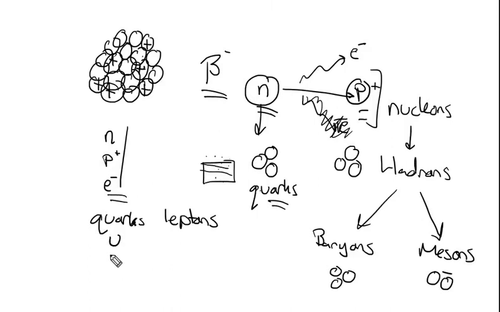They were up, down, charm, top, bottom, strange, and charm. And what were the electrons? Electron, electron neutrino. And that's not a particle, that's an antiparticle. Then we had muon, okay? Muon neutrino.